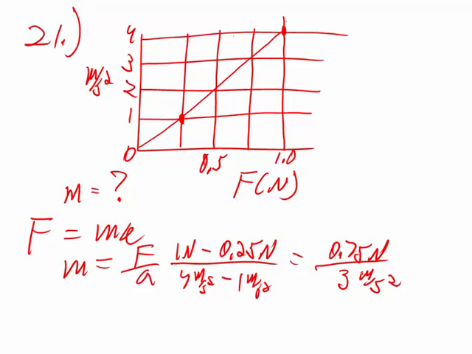Okay, and so what do we get? We get 0.75 over 3, a mass of 0.25 kilograms, or 250 grams. Okay, so that's how you do number 21.